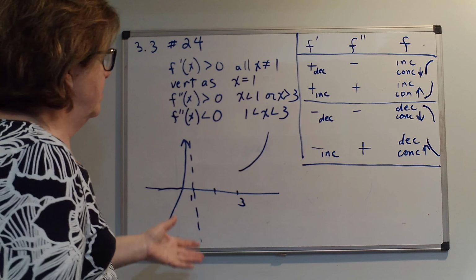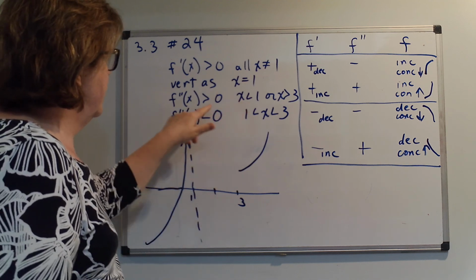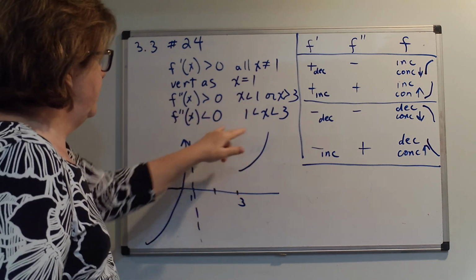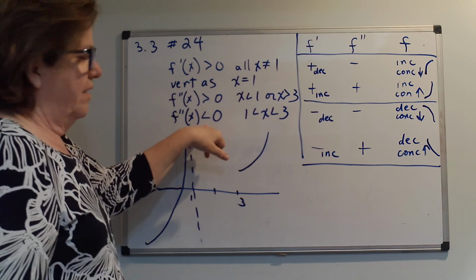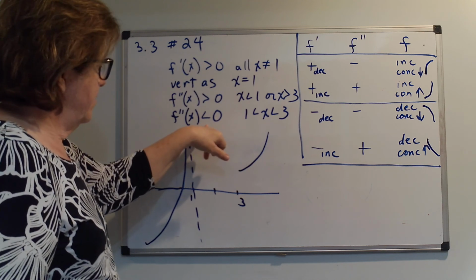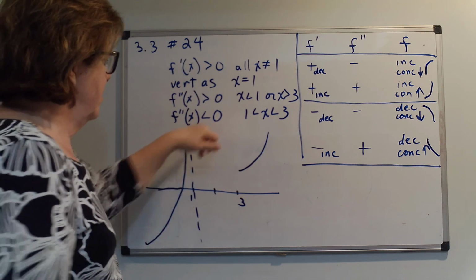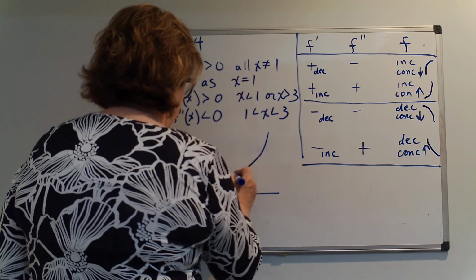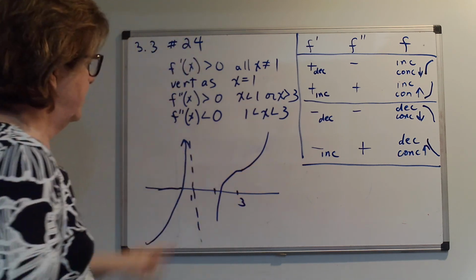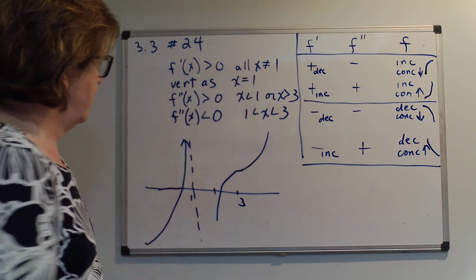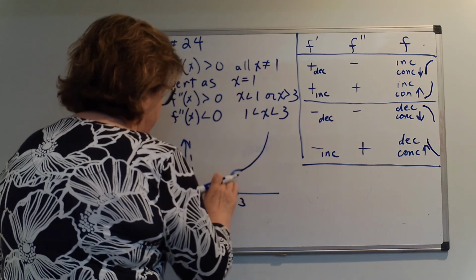Where, I don't know. Then between 1 and 3, the second derivative is negative, so that means it's concave down. So maybe we go like that.